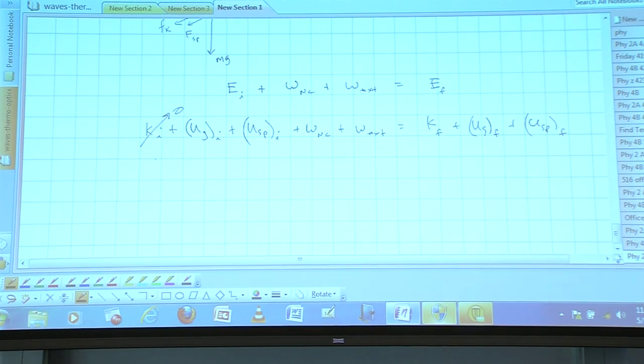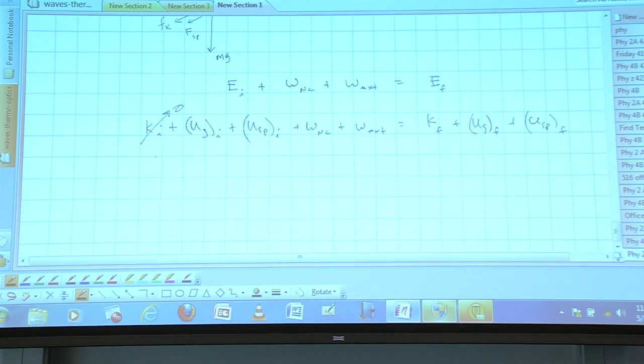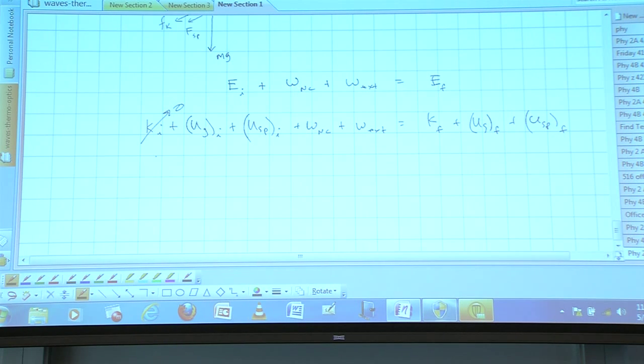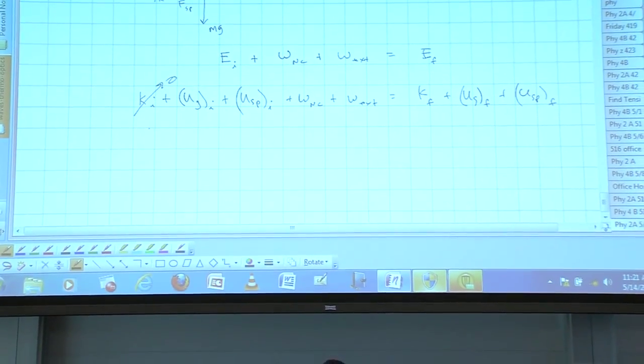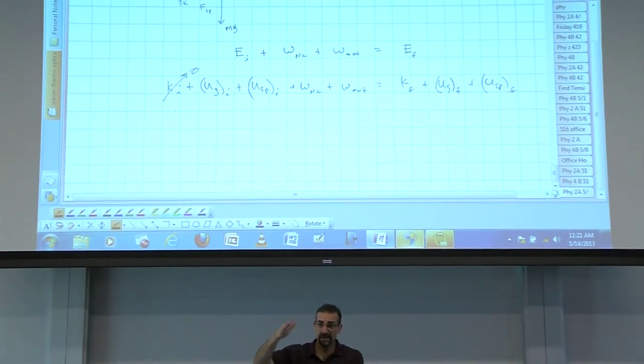Oh, what would happen if we defined our final height to be 0? What would our initial height be? Negative, because when something moves up, its gravitational potential energy has to increase. When something moves down, it has to decrease. And if it ends at 0 and it's moved up, it had to have started with a number smaller than 0. Okay? That's okay.